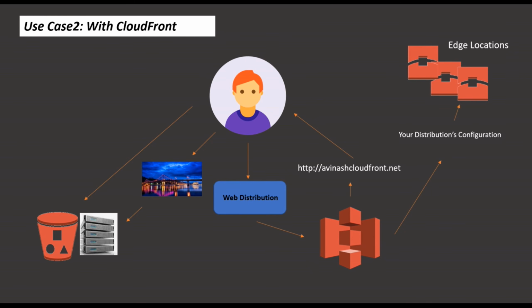In one use case we haven't used CloudFront, and we understood how the latency increases if we don't use it. In the second use case, we have seen how CloudFront is set up, how it creates the cloud distribution, and how it helps us speed up the web access process when CloudFront sends the distribution configuration to the edge locations.